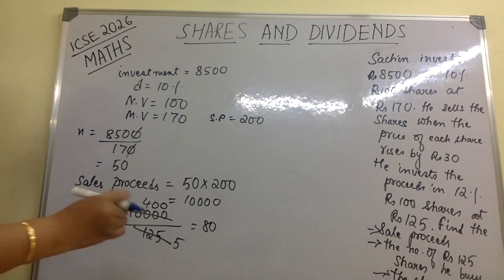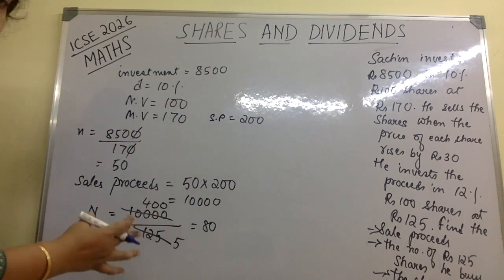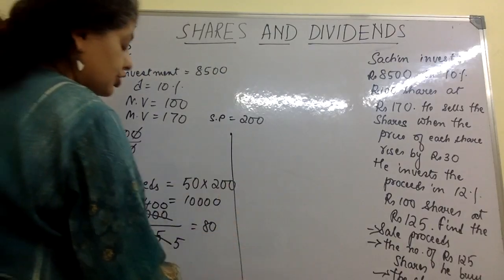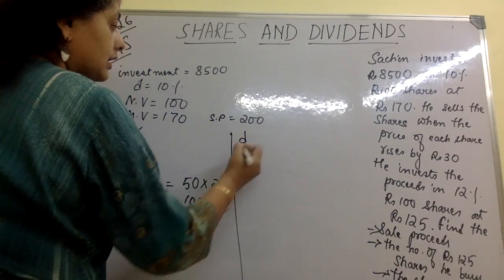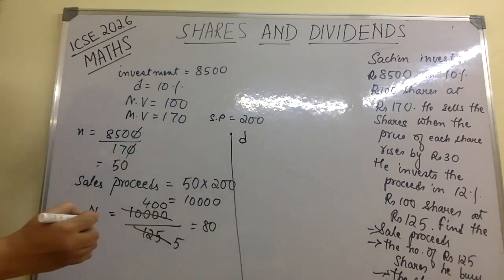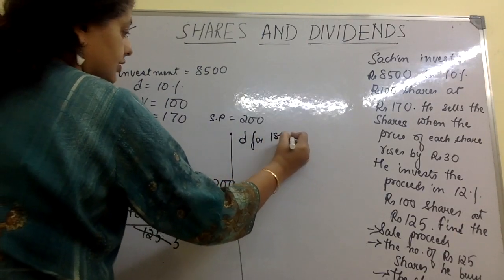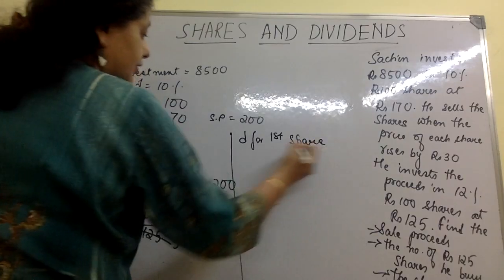Now what is his change in annual income? We will find the annual income for both the cases, for the first share and the second share. D for first share. What is the dividend for the first share?